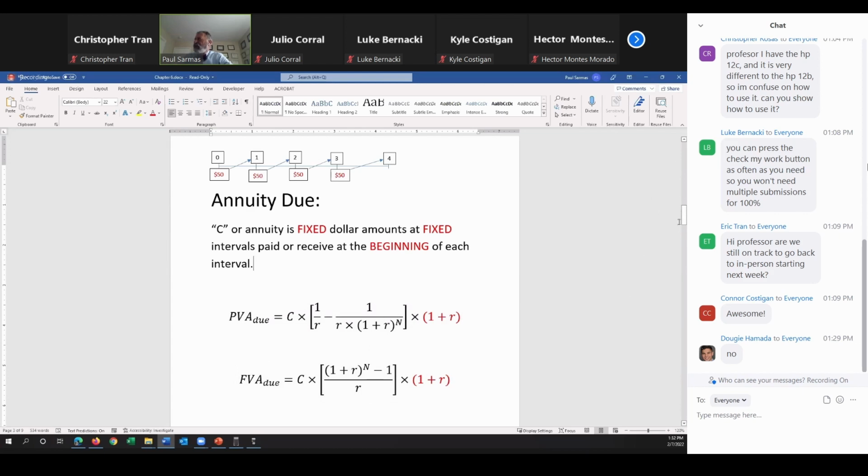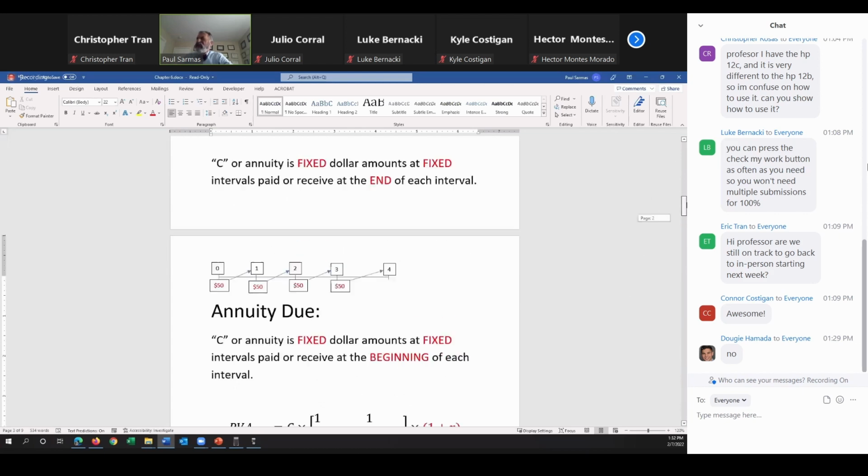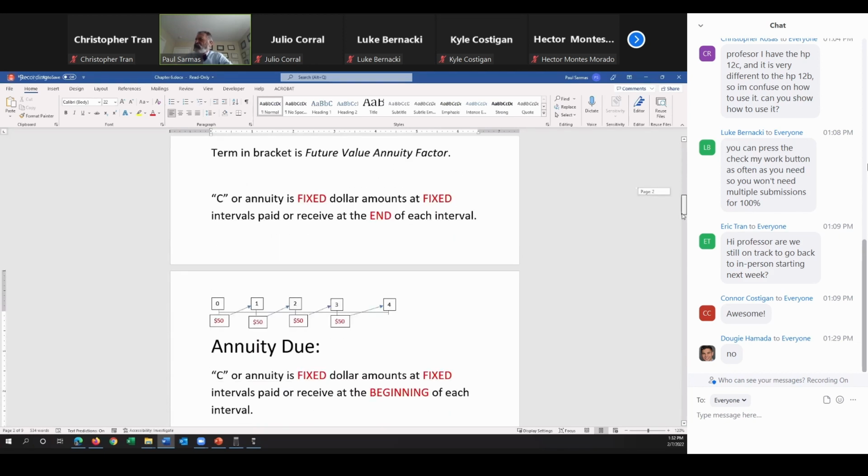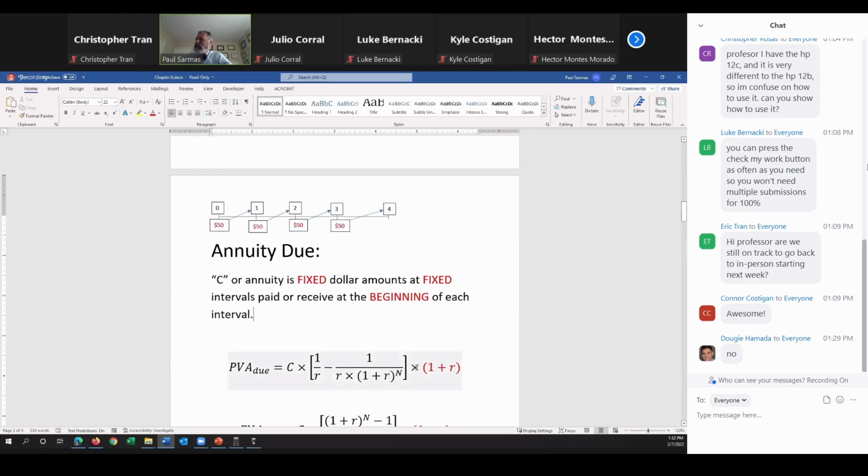Present value annuity, look at that, and look at regular annuity. There it is. This is regular annuity. If I scroll down to annuity due, the first part is exactly the same. This part remains the same. The last part changes in annuity due. You add 1 plus R. You multiply it by 1 plus R.